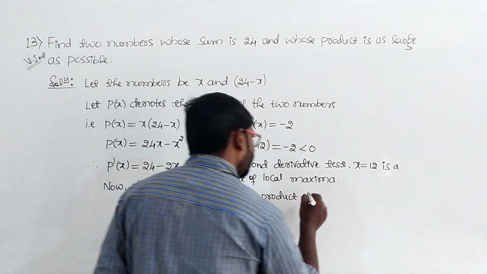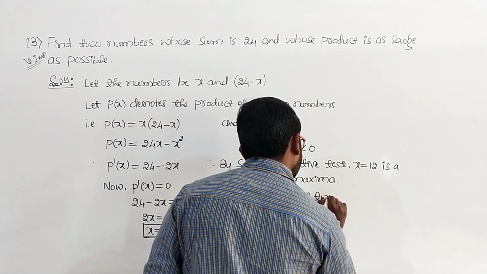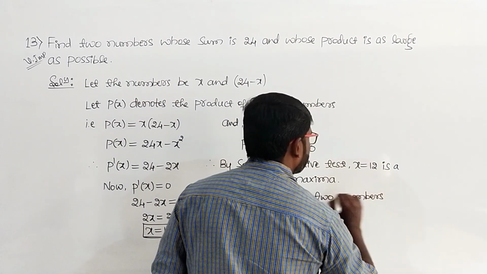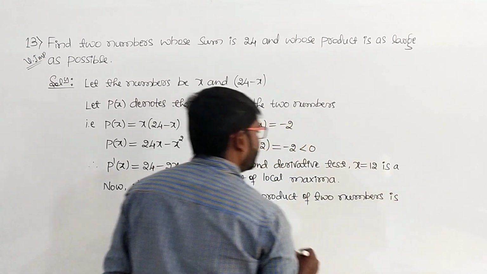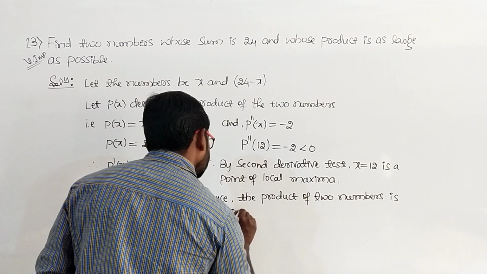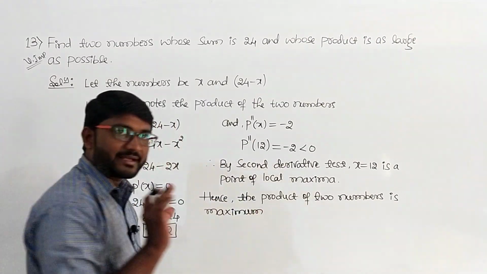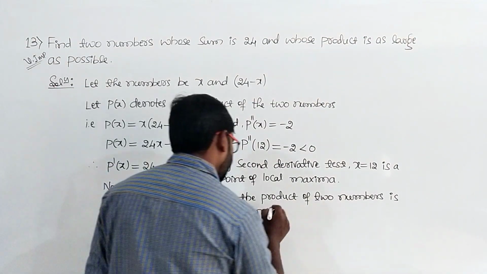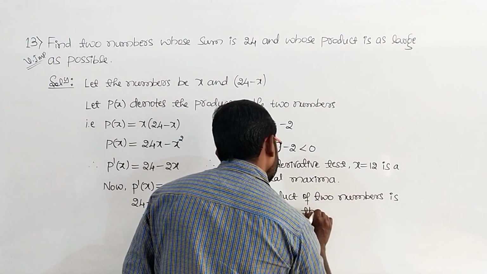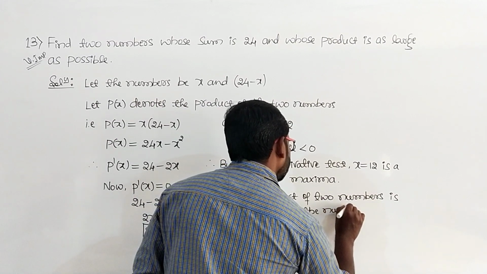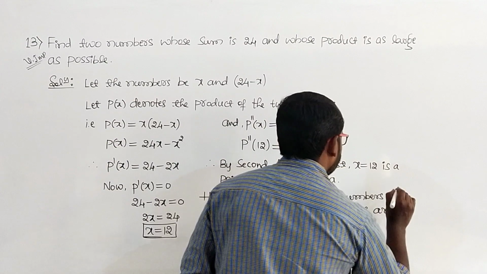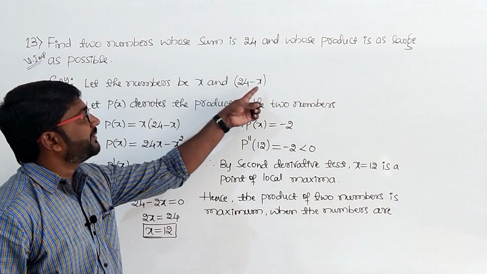The product of two numbers is maximum when the numbers are x and 24 minus x.